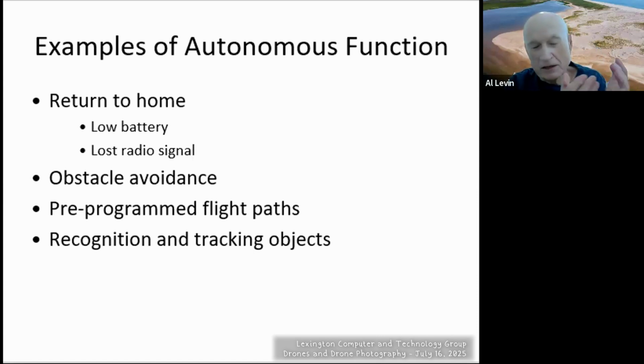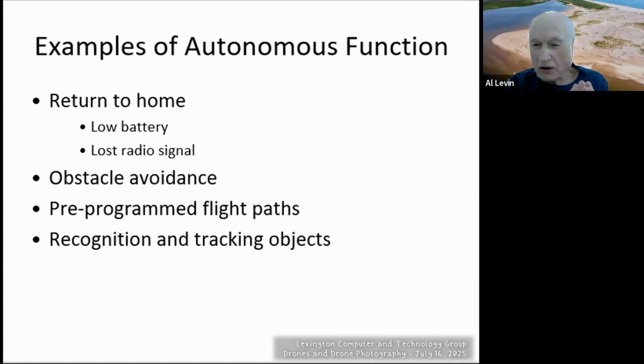There are several examples that I can understand for my drone. The drone tells itself when to come home, when its sensors detect a problem. The drone can identify obstacles in its immediate environment.